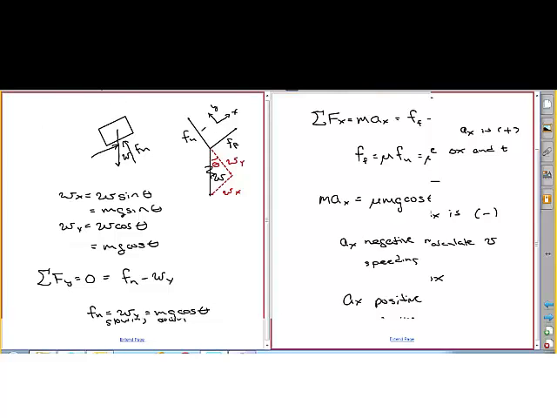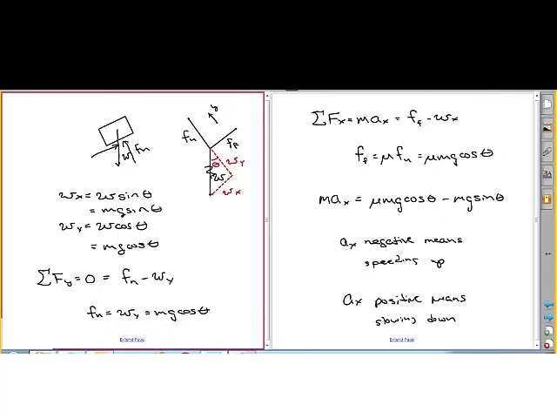If I defined x positive going down, how would that affect everything? If I just change my coordinate system, I'm going to show you how that works. I'm going to go through the same calculation, except I'm going to say x is positive going down instead of going up. This one stays the same because that's the sum of the forces in the y direction.